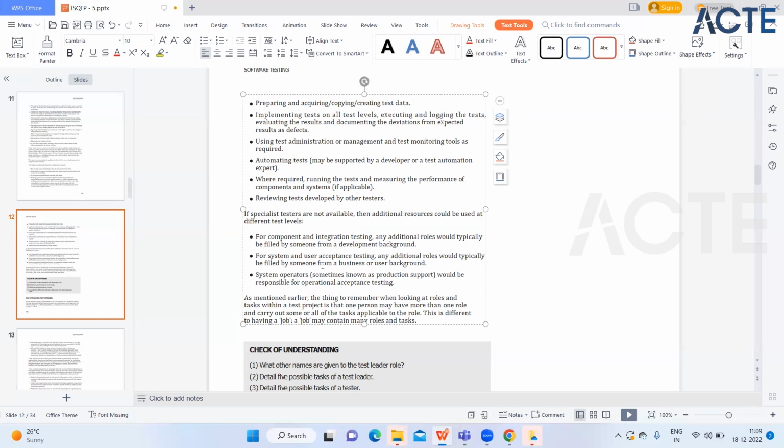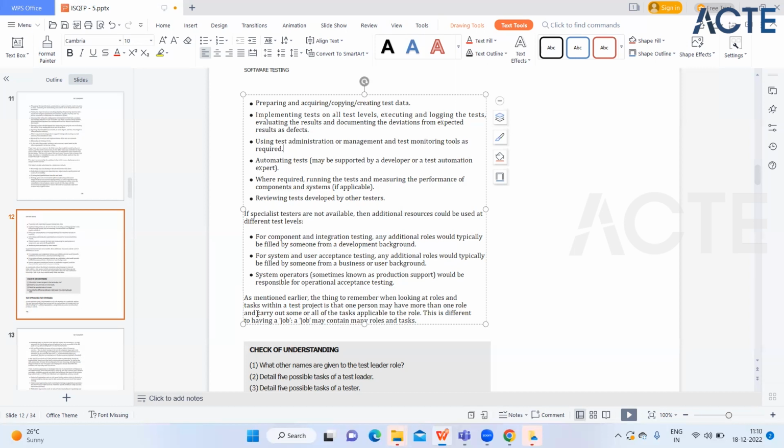For system and user acceptance testing, any additional roles would typically be filled by someone from a business or user background. User acceptance testing is where we check whether the particular product or project is built as per the requirement. For that, additional roles will be a stakeholder or a business person who has more knowledge of the business.